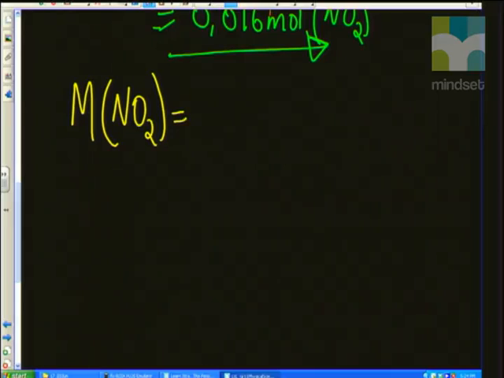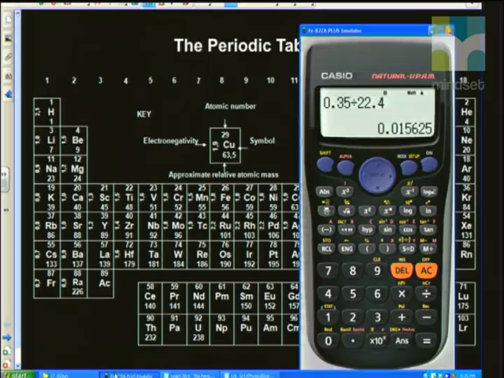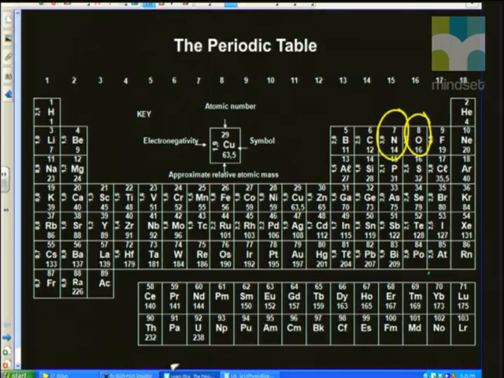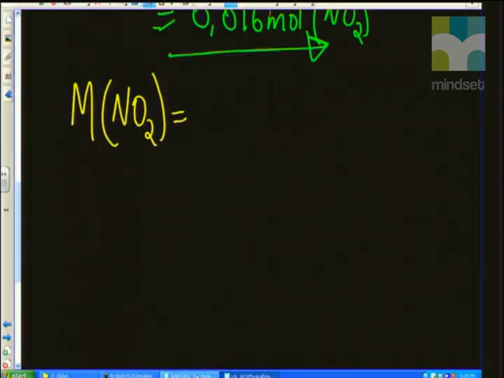How do we do that? We go to the periodic table. For nitrogen, let's check it. There is nitrogen, 14, so we say 14 there. For oxygen, just next to it, 16. So we come back to our calculation. For nitrogen, we're talking 14.